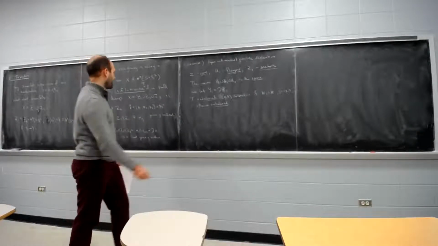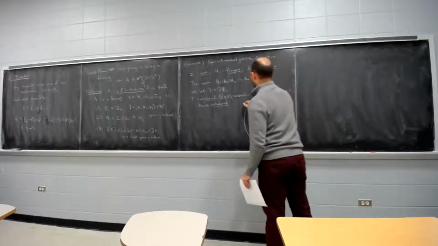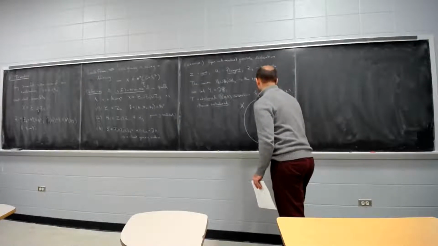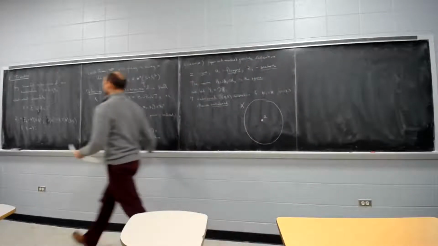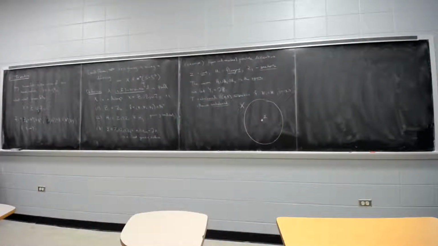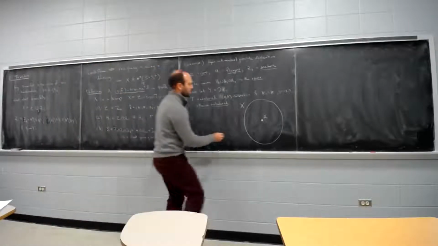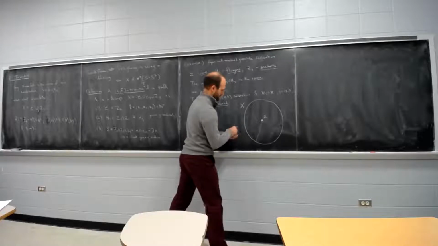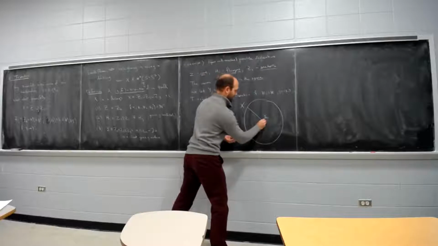Okay. And then I guess it's worth drawing the schematic, which is that we have our four-manifold X, and somewhere inside X, we're able to locate a closed surface sigma. And this closed surface sigma bounds three handlebodies.